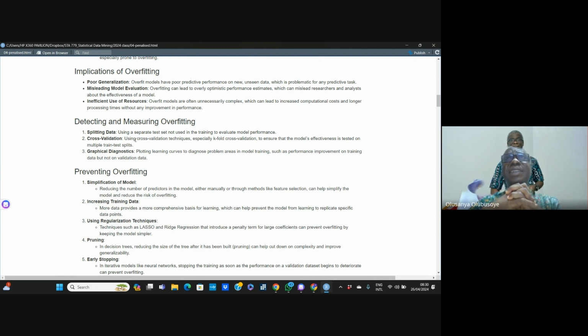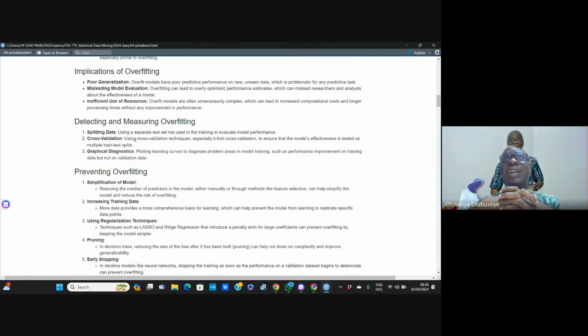I've always used driving as an illustration. Training a data set is like you learning driving on a particular route you are familiar with.